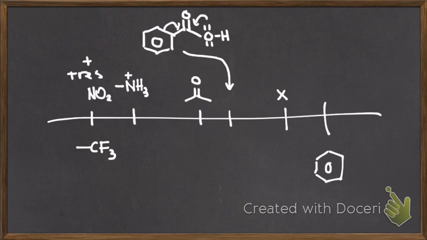Other strongly deactivating substituents way over on the really deactivating side are things like this. So you have an inductive effect from the fluorine, and you also have an electron withdrawing effect from the carbonyl group. Okay. So those are really deactivated rings.